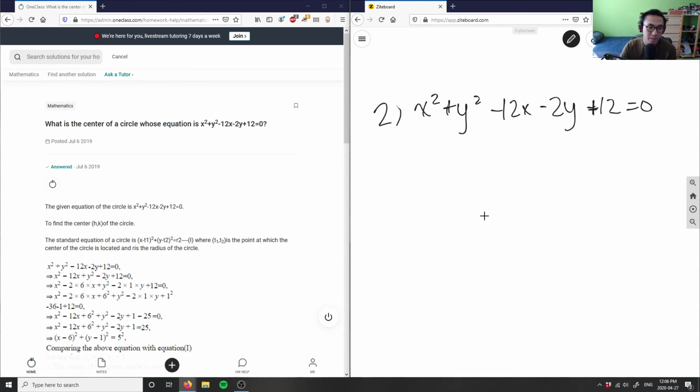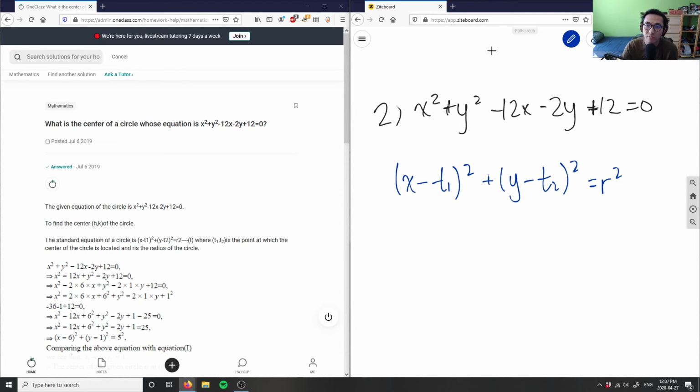What they're doing here is that, remember, our standard equation of a circle looks something like this. They wrote it as t1 here, so maybe I'll copy that as well. They have x minus t1 squared plus y minus t2 squared equals the radius squared, where r is the radius, and t1 and t2 is the point at the center of the circle.